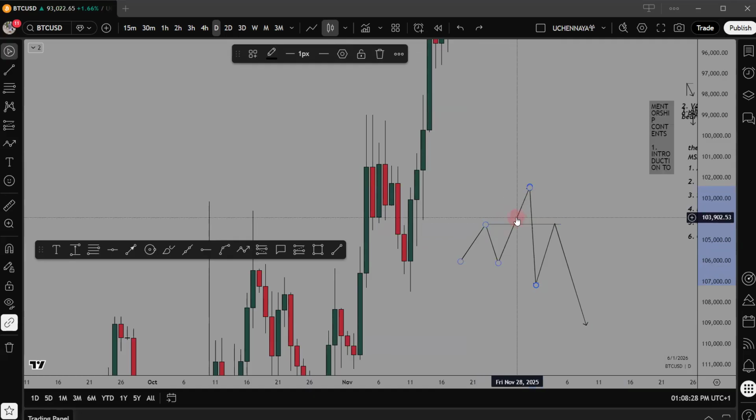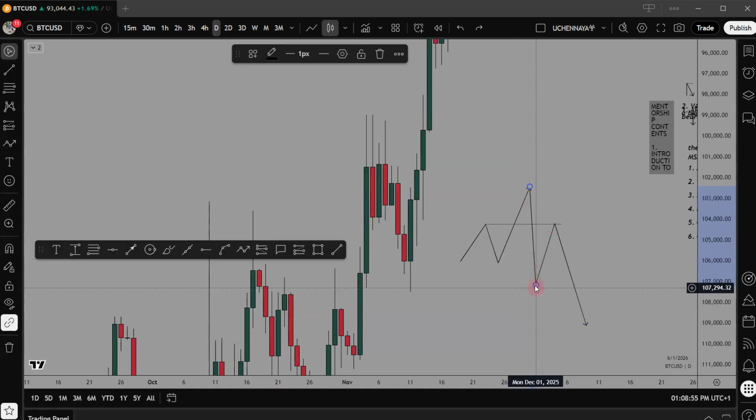Now, let me just make it that simple. A bearish QML is an RBS that is broken again.